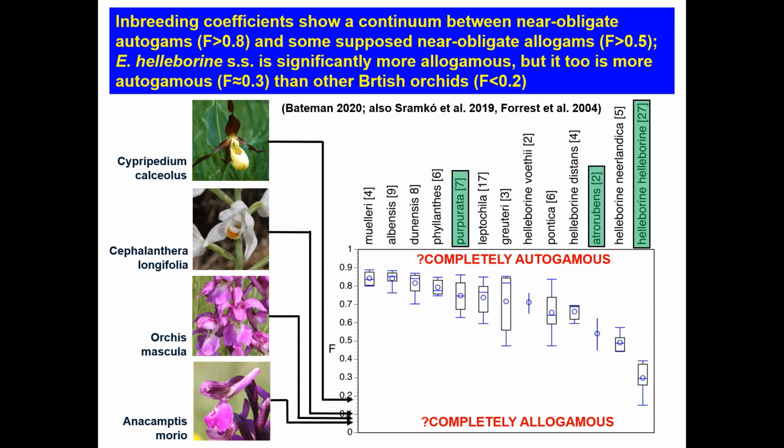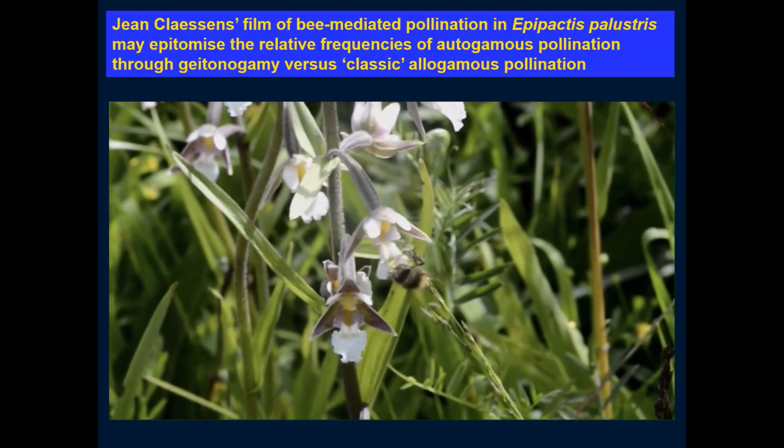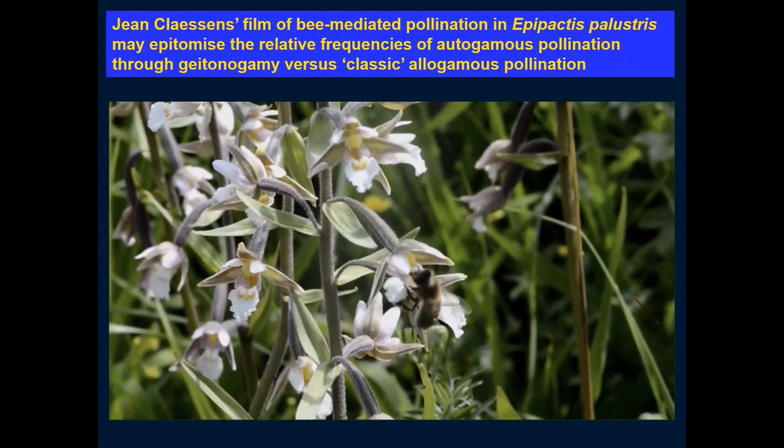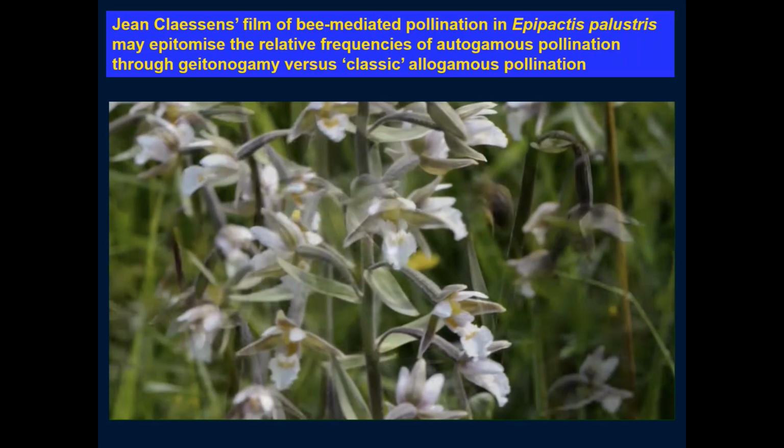Even the so-called allogamous, cross-fertilizing Epipactis helleborine has a fairly high level of autogamy. And we really need to find an explanation as to why autogamy is so popular within helleborines. I think the answer lies in this kind of footage. Here you see a bee working its way systematically up a spike of Epipactis palustris.